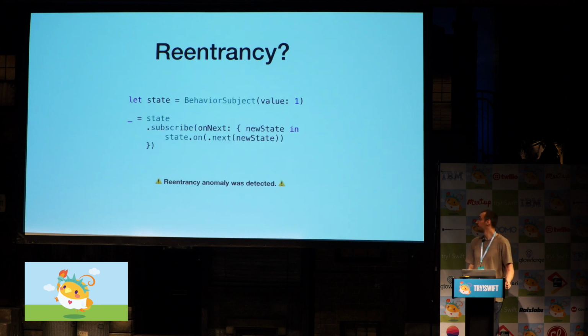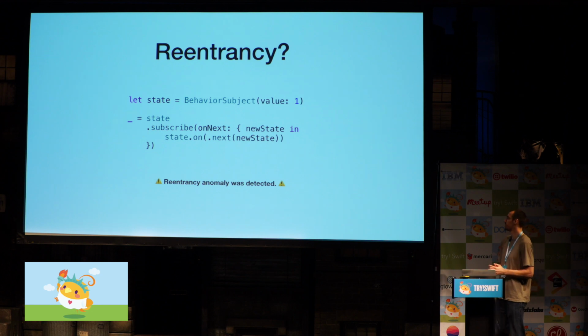Another really big topic that I'm not sure why nobody's talking about in the reactive community or anywhere else I've seen is reentrancy. This one will probably bite you when you have a fairly complex app, and that's the worst time to start thinking about things like this.